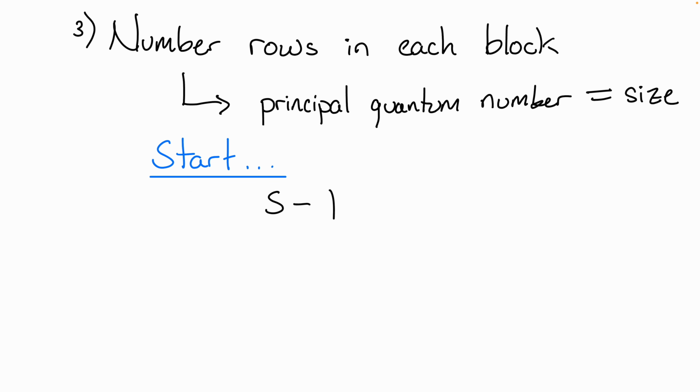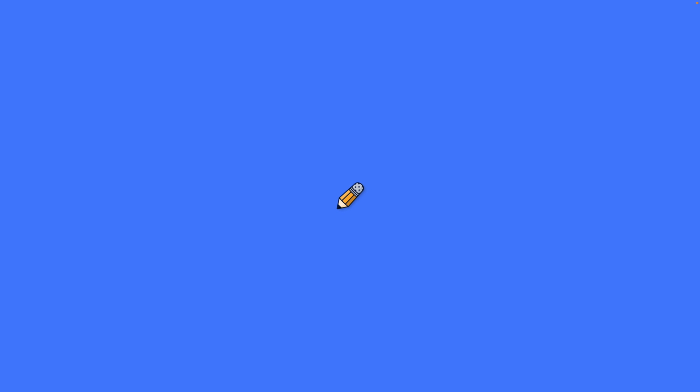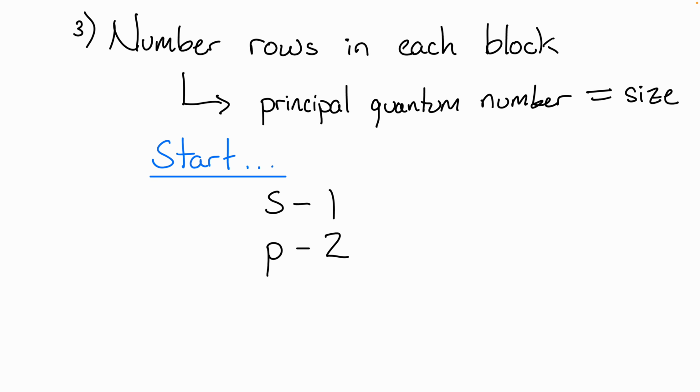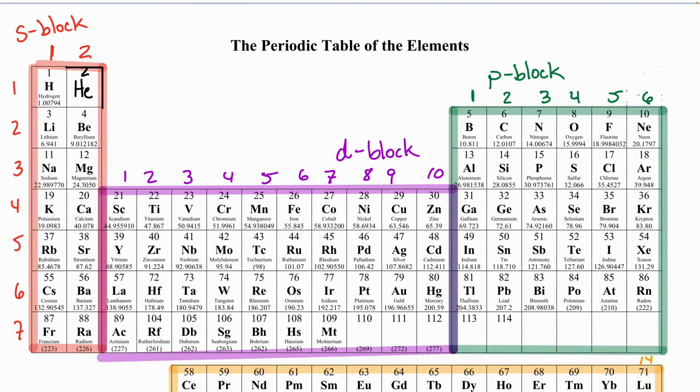But when I go to my P block, that first row is not going to be row 1. I'm going to start numbering at 2. So the first row is not the 1P row, but 2P. Then 3, 4, 5, 6, and 7.